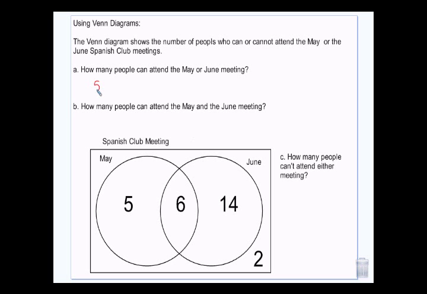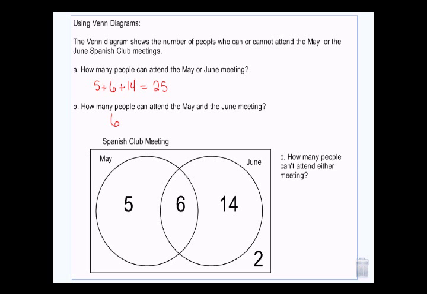So it's going to be 25. 25 people can go to either. If we say how many people can attend the May and the June, that's only the overlap. So that's 6.